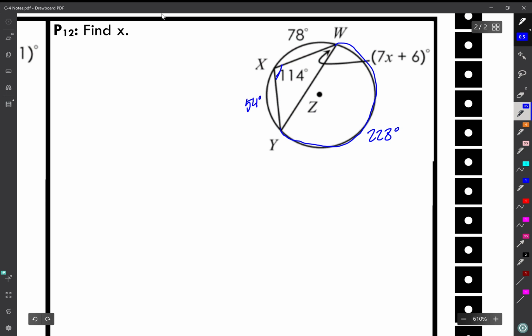So we'll set this angle, which has the expression 7x plus 6, equal to half of 54, which is 27. Subtract 6 from both sides, and then divide both sides by 7, so x is equal to 3.